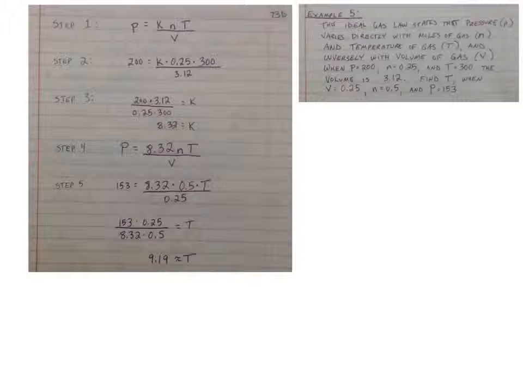All right, in step 1, we set up the variation function without our known value of K. So P varies directly with the number of moles and temperature, and inversely with the volume.